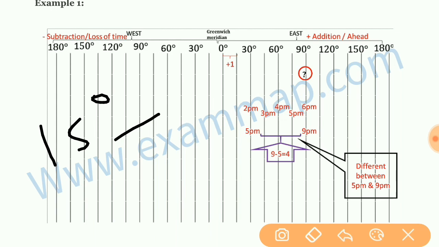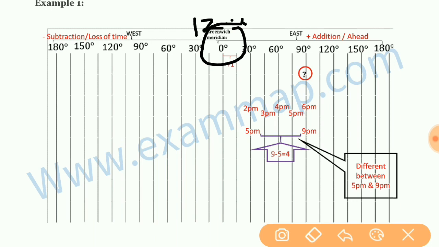If we take one example, at the Greenwich meridian we have 0 degrees and 12 noon.